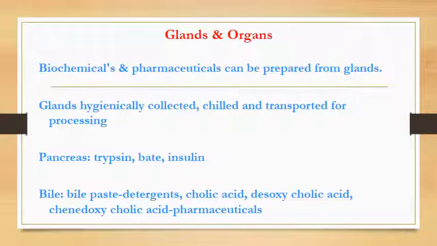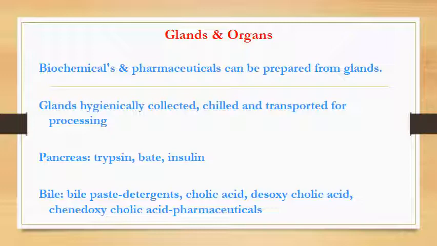Now about the use of glands, or glandular byproducts, sometimes called pharmaceutical byproducts. Many of them can be used for making biochemicals or pharmaceuticals. All these glands have to be collected hygienically, chilled and transported for processing in the laboratory.